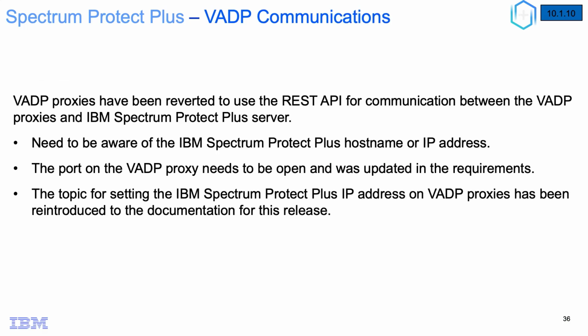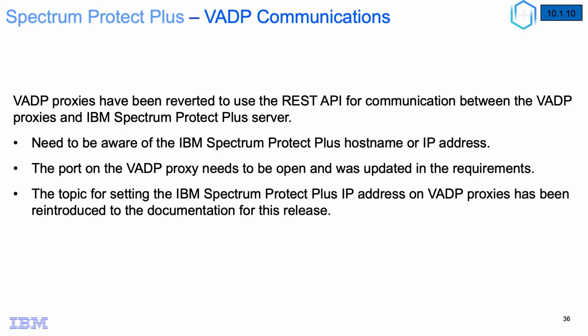For VADP communications, you'll remember that in an earlier version, I think it was the last version as a matter of fact, we changed the VADP communications, and in 10.1.10 for VADP proxies, we have reverted back to use the REST API for communication between the VADP proxies and the Spectrum Protect Plus server.